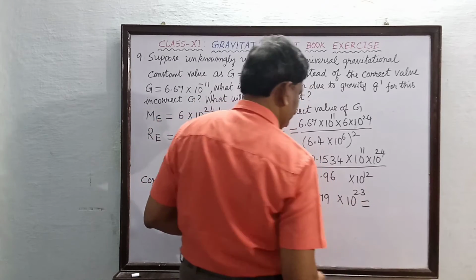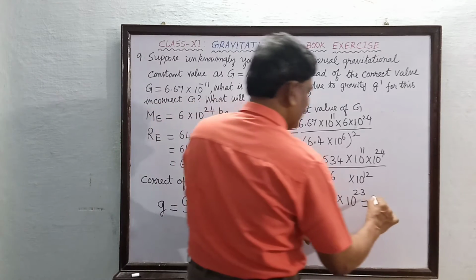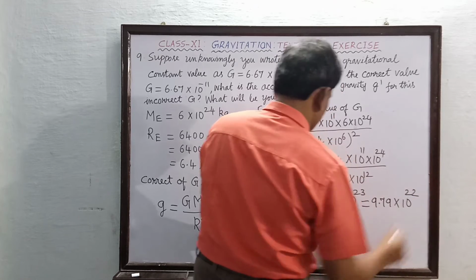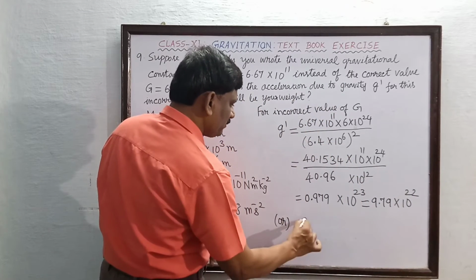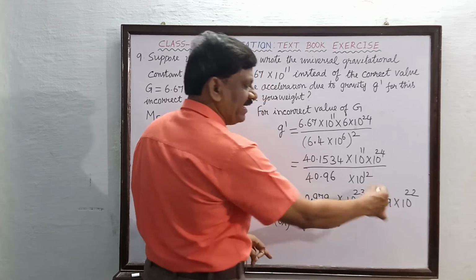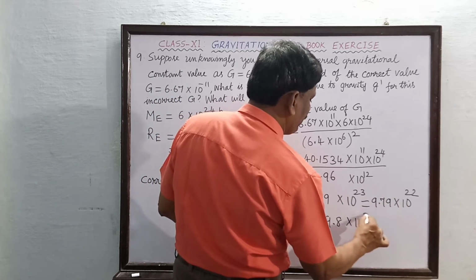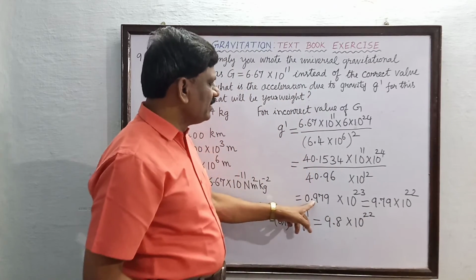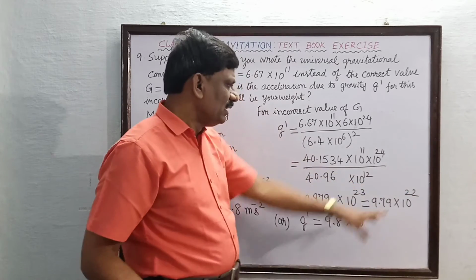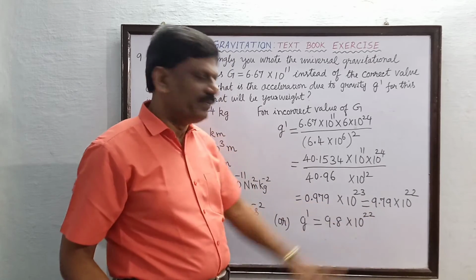So this decimal can be shifted to the right side of 9, so that it is 9.79 into 10 power 22, or G dash is equal to 9.8. We can round it off as 9.8 into 10 to the power of 22. So this decimal has come here, therefore one power is reduced to 10 power 22. Understand? Don't confuse with the 10 powers. So it is 9.8 into 10 to the power of 22.